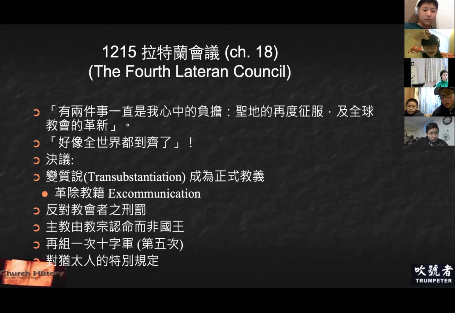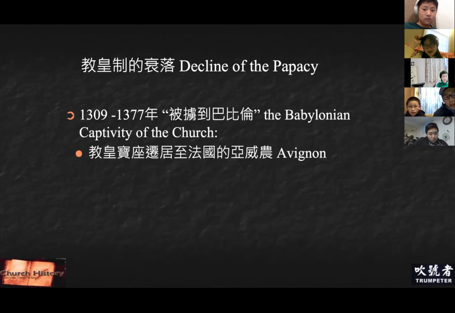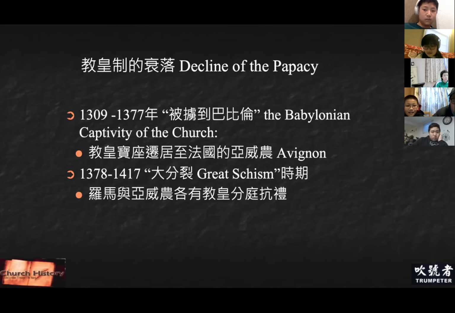And then later on, there was a decline. At one point, there were three popes, or the pope was captured in other places, not in Rome. So you can see a lot of chaos during this medieval time. That's why Martin Luther was going to have a Reformation. We don't have time to get into all this.